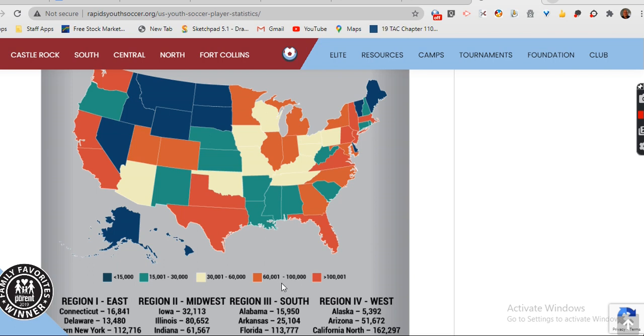I can also come back to the 60 to 100,000 and focus on Utah, Colorado, Minnesota, Michigan, Illinois, Indiana, Georgia, North Carolina, and then I can get up in here into part of West Virginia. And so I can focus on some of those areas because they have a lot too.